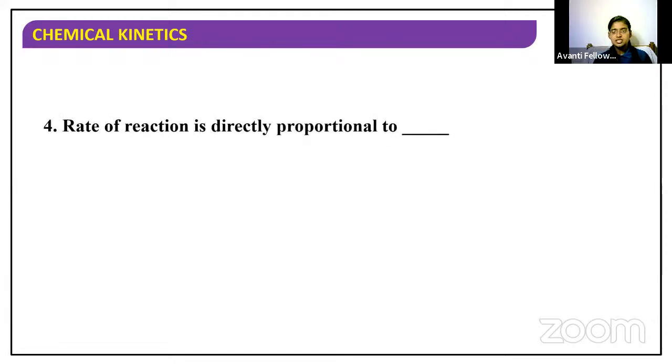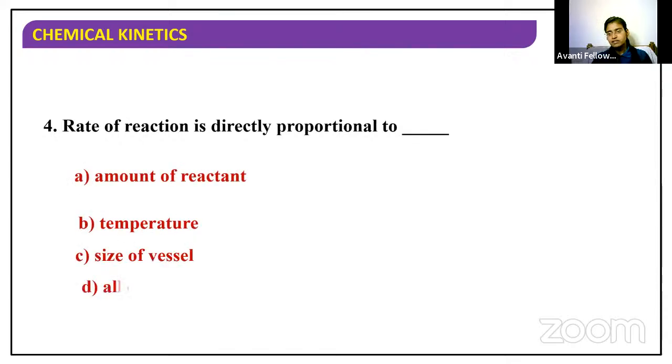Rate of the reaction is directly proportional to amount of the reactant, temperature, size of the vessel, all of these. Only one person has given the correct answer for this question.